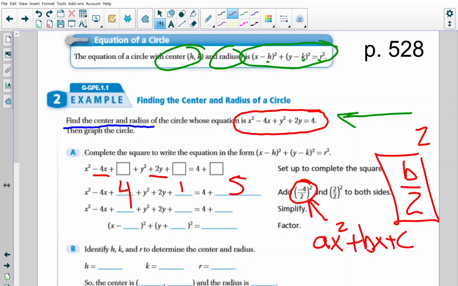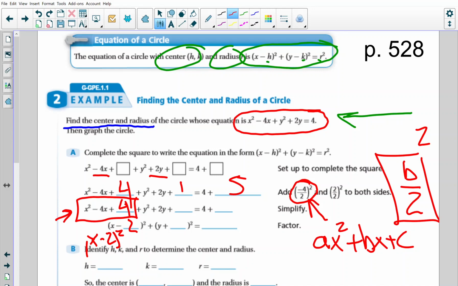Well, what is this factored? Remember, reverse FOIL. Well, we already know it was b halves, 2. So x minus 2 quantity squared is equal to that when you FOIL it out.